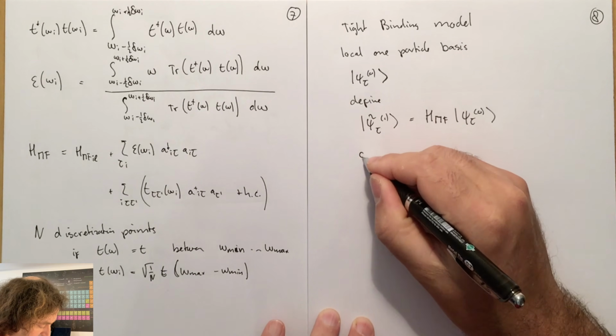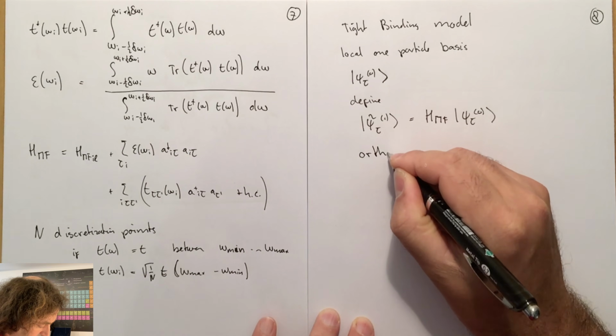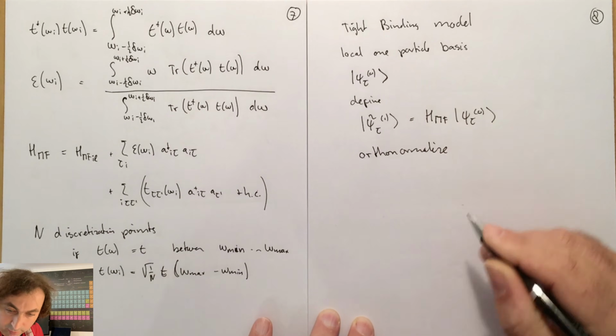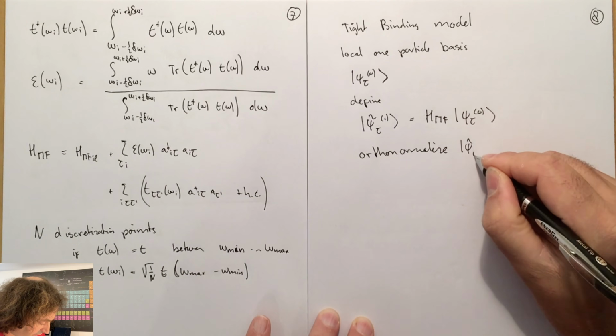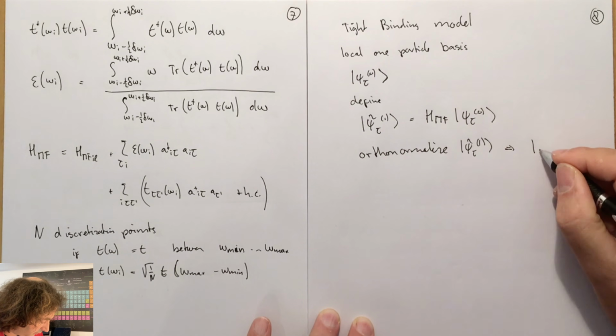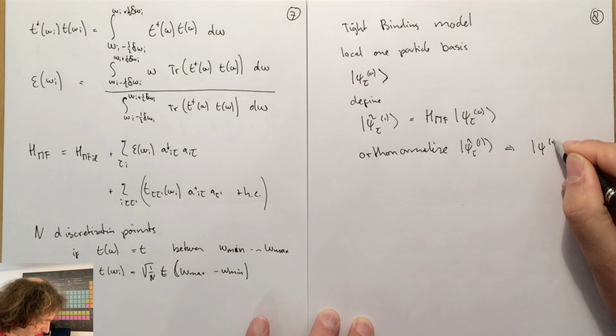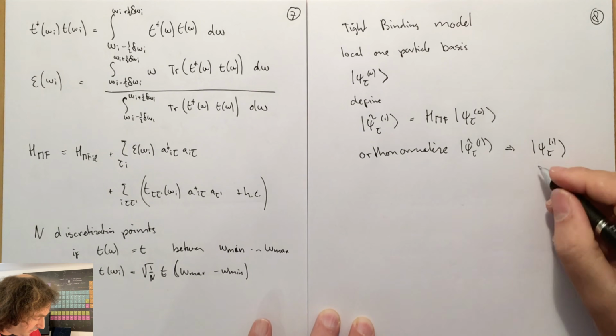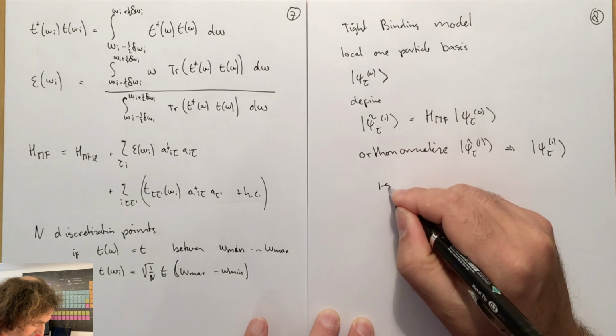And we then will orthonormalize this state, psi tilde tau 1, to get our basis states. And this is our first bath state.